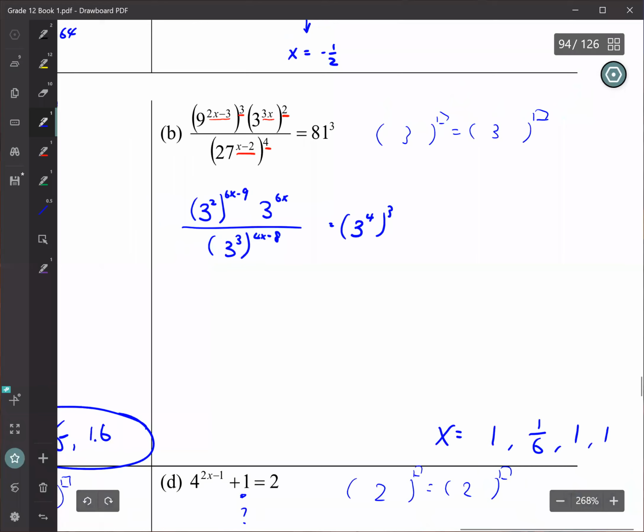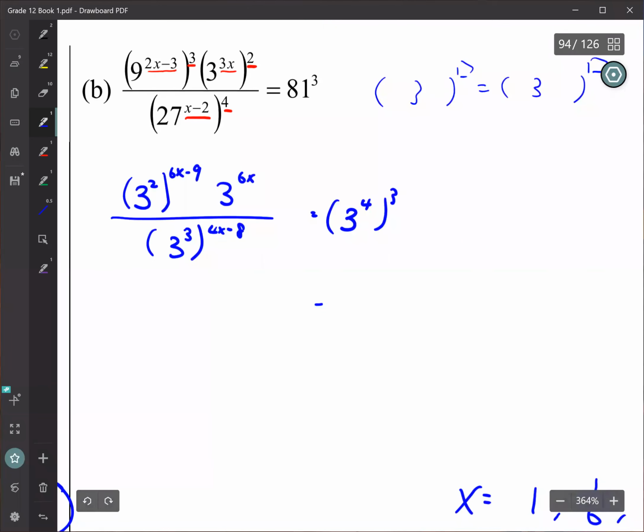So how do we simplify the left side now, right? Even though we get same base so far, we can still do a bit more, right? Power to power, so 3 to the 12x minus 18, and then 3 to the 6x, 3 to the 12x minus 24, right side 3 to the 12.